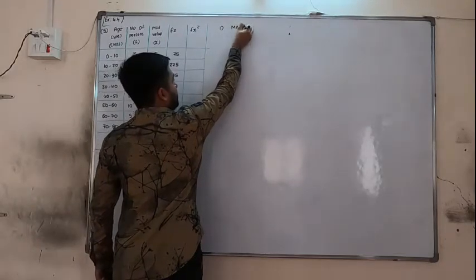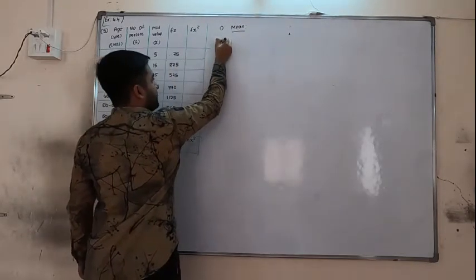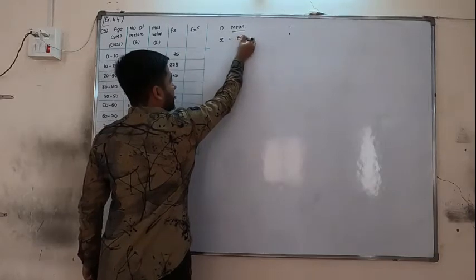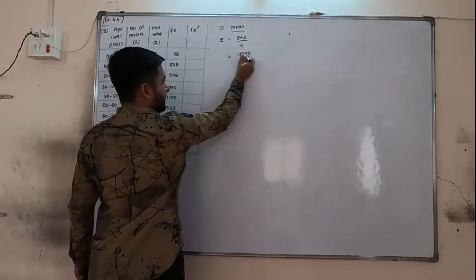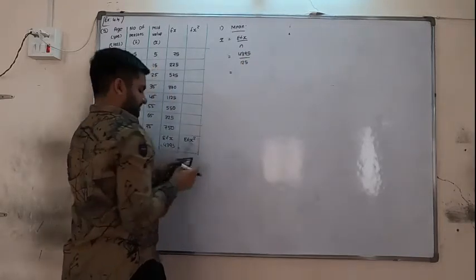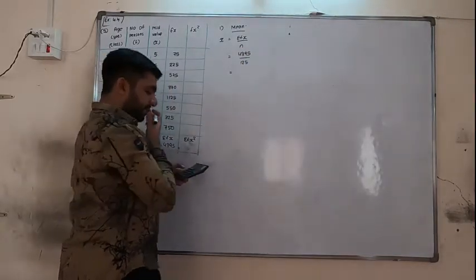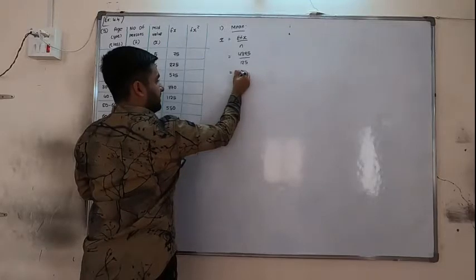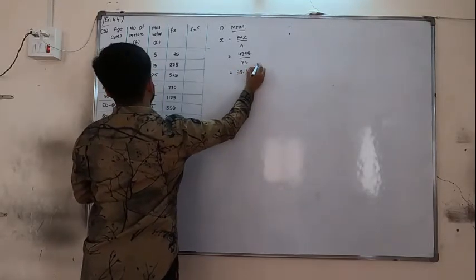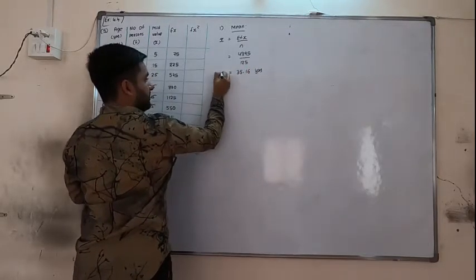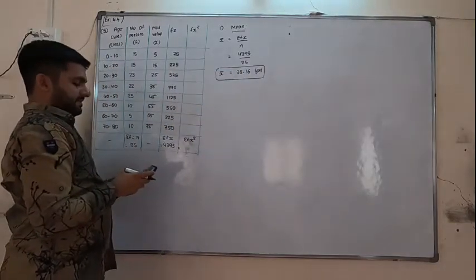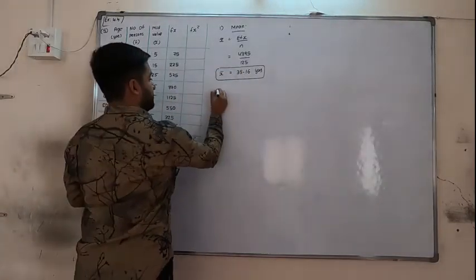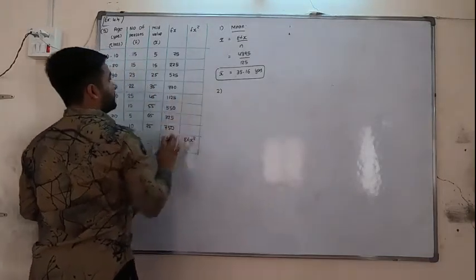Number 1, mean. x bar is equal to sigma fx upon n, so 4395 upon 125, which is 35.16 years.